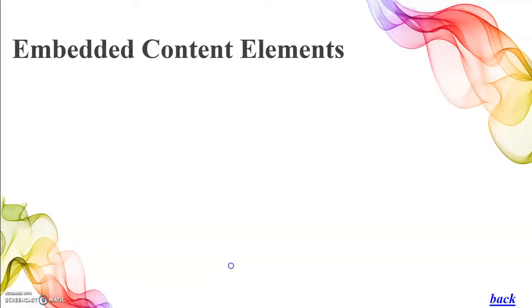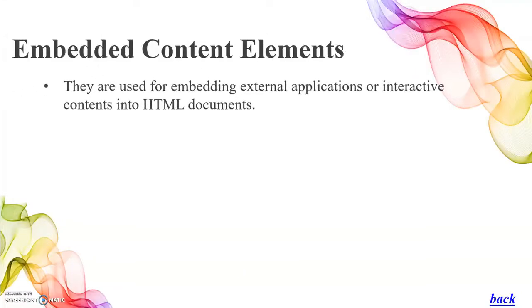The HTML embedded content elements are used for embedding external applications or interactive content into HTML documents. The following HTML elements are used to embed external application or interactive content in your web page.